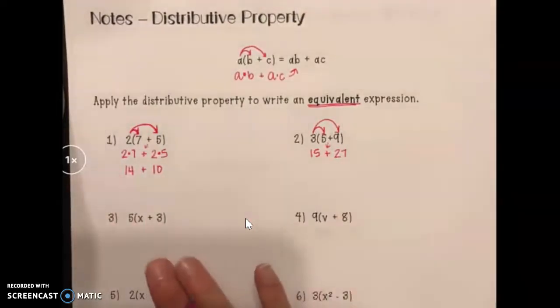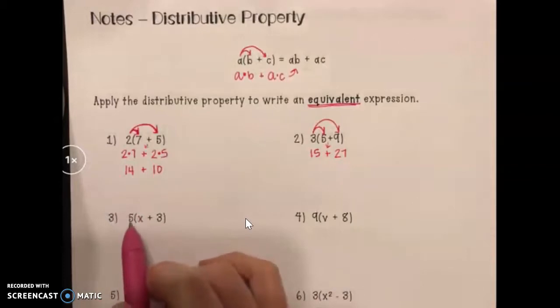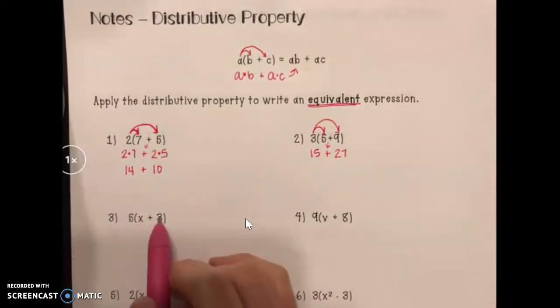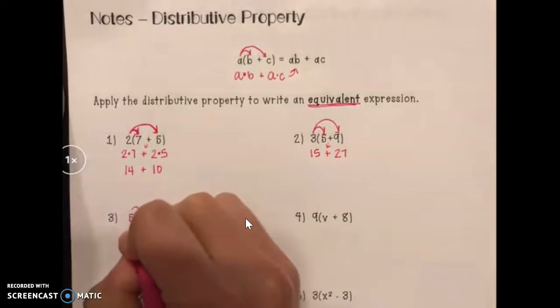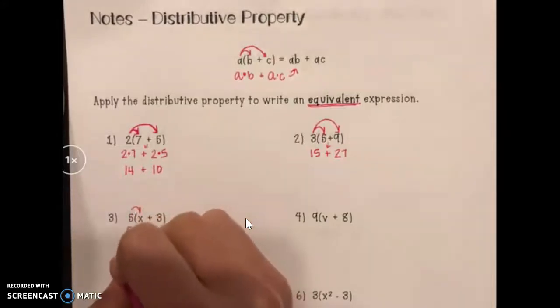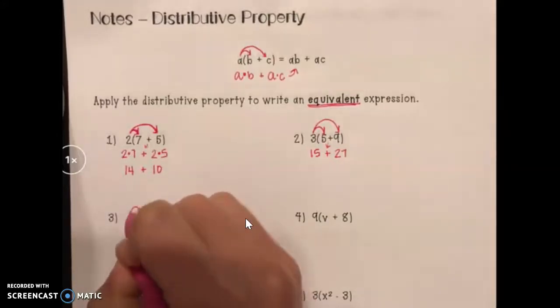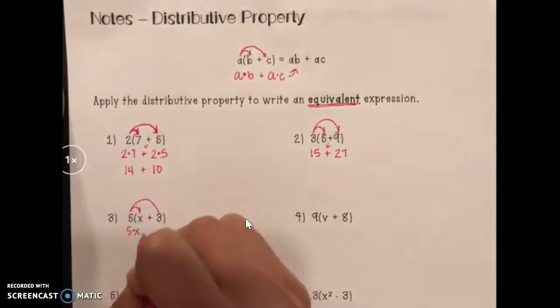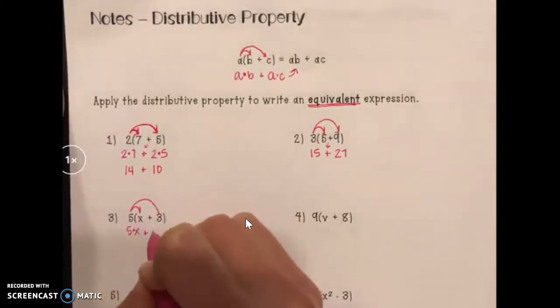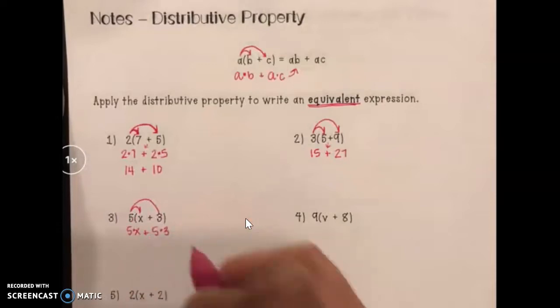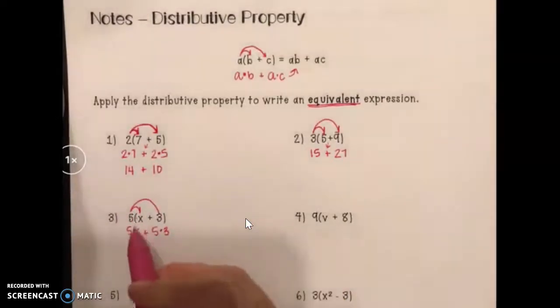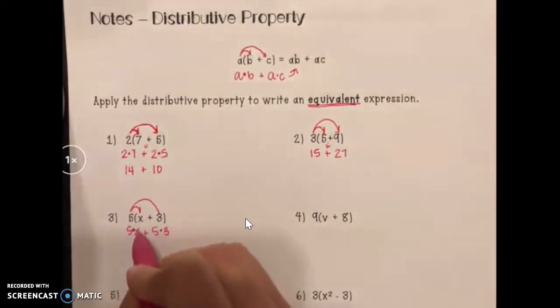So now let's add some variables in there. It's very, very similar. Nothing really is going to change. We want to distribute this 5 to my x plus 3. So we're going to multiply 5 times x, and then we're going to add our 5 times 3. Now, can I combine 5 times x together?